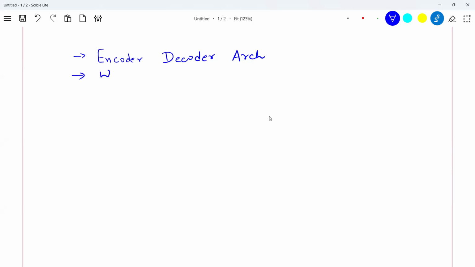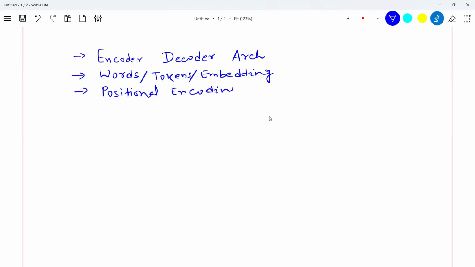Then you should understand some basic concepts of NLP, such as what are words, what are tokens, what are embeddings. Then you should understand the meaning of positional encoding, because these are the things that will come as we try to understand the transformer concept.